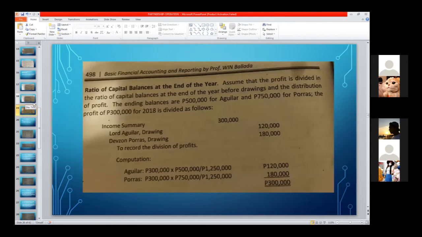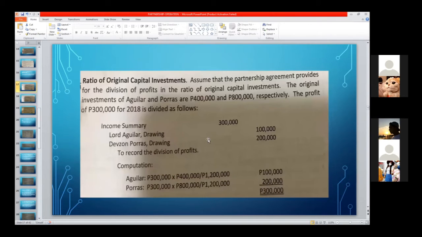Ayan, kunwari dito na lang. Or dito. Kung malaki yung ambag ni Devzon or si Poras, tapos meron tayong loss na 300,000, mas malaki din yung loss na ma-divide kay Poras, di ba?